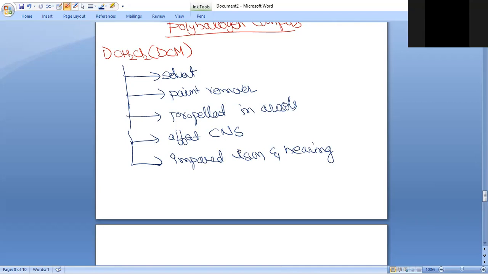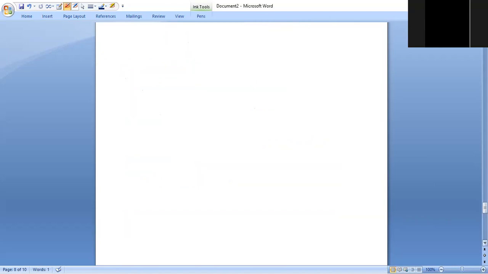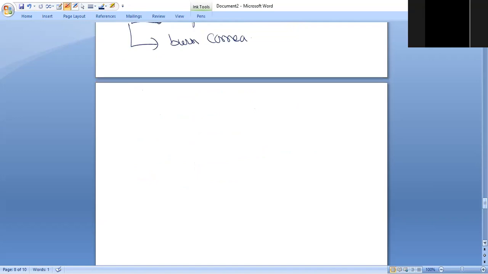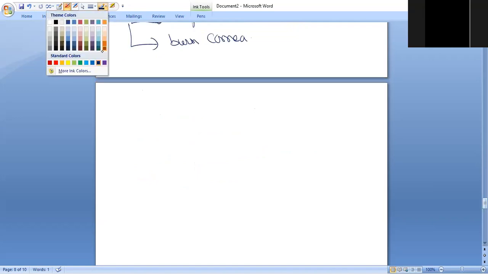In direct contact with the eyes, it burns the cornea. These are some points they have given. Sometimes matching is given, so you will be able to answer. Anyway, according to NCERT it is a deleted portion, but maybe if questions come, you will get choices.